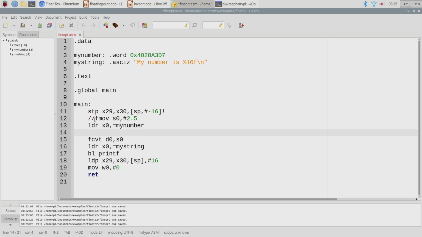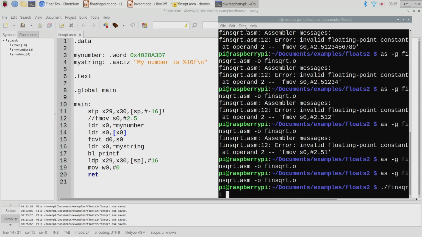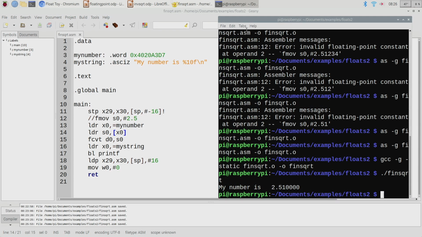What's the address of that thing? And then we'll load S0 with the contents of memory pointed to by x0, right? So I've got the indirection with the brackets. Okay, so does that make sense? Yeah. All right, and so then no problems with assembling, running, and I get 2.51.